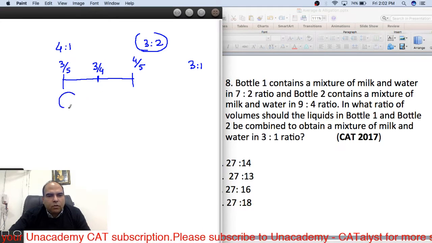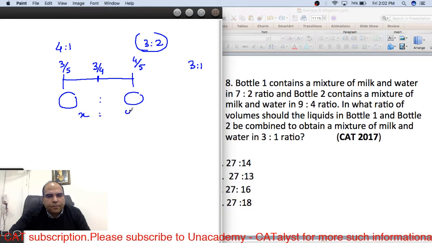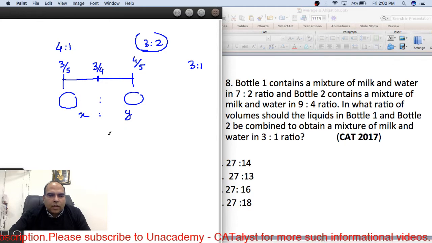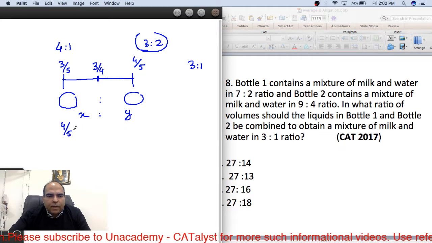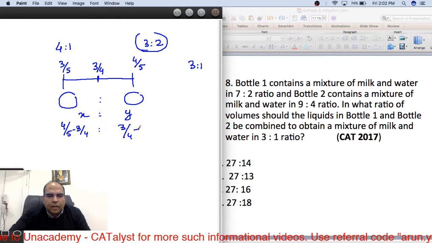So the ratio x is to y would turn out as 4/5 minus 3/4 is to 3/4 minus 3/5.